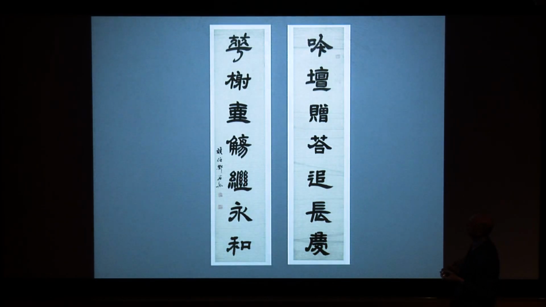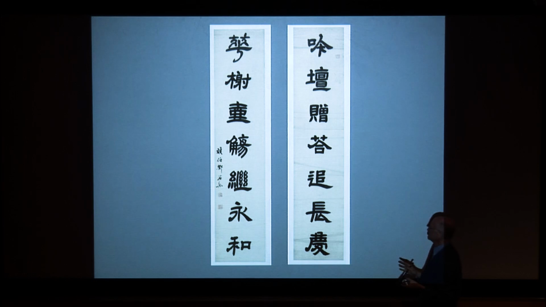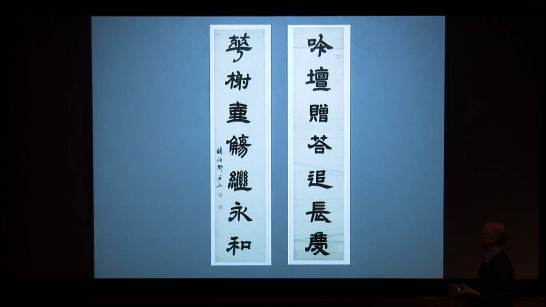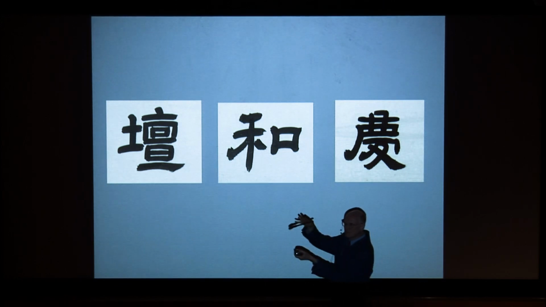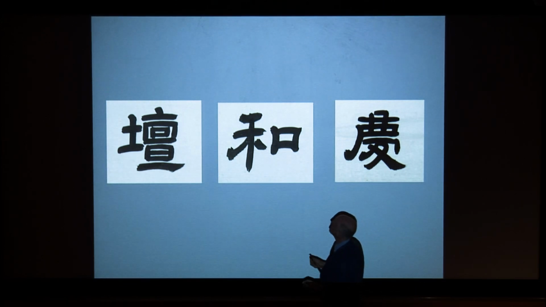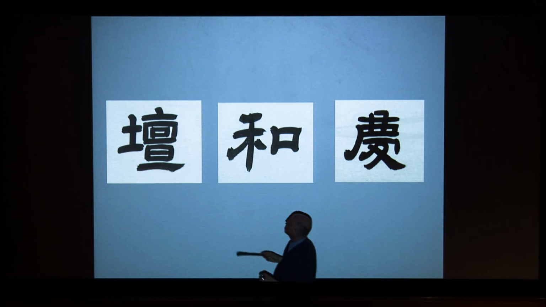This is clerical script. This is the way people were writing roughly around the time of Christ. It's a simplification of seal script, and it's somewhat easier and faster to write. The characters are blockier. They're rather squat rather than elongated vertically.